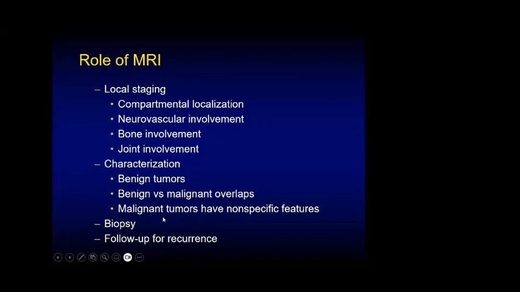This is the major challenge with MRI scan, the non-specific signal intensity of these soft tissue tumors. MRI scan is also helpful to select the area for biopsy, because sometimes you may have a cystic lesion with a solid component, or you may have a necrotic tumor. So MRI scan will help decide which part of the tumor is suitable for the biopsy.